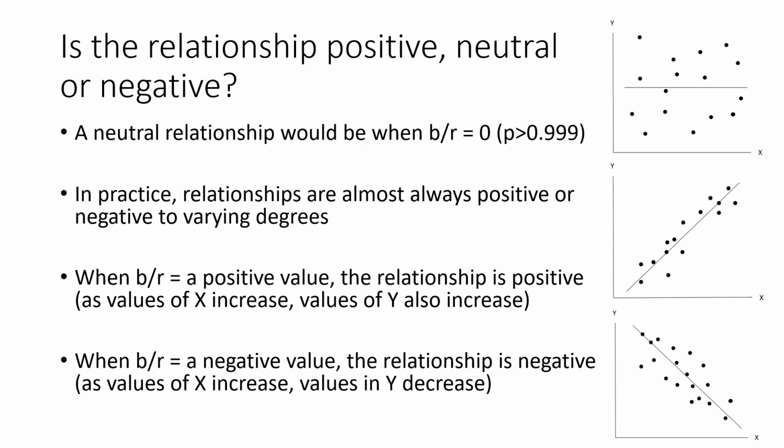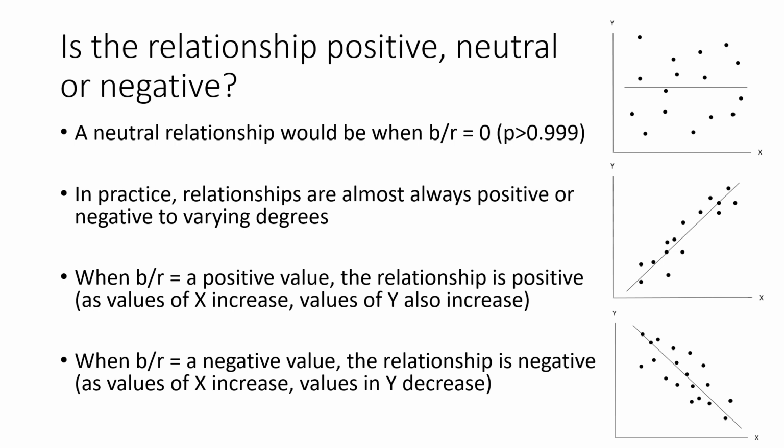In other words, your p-value is greater than 0.999. And you can see a neutral relationship depicted at the top right of this slide. You can see the line of best fit is purely a horizontal line, meaning that as values of X increase, there is no effect on values of Y.